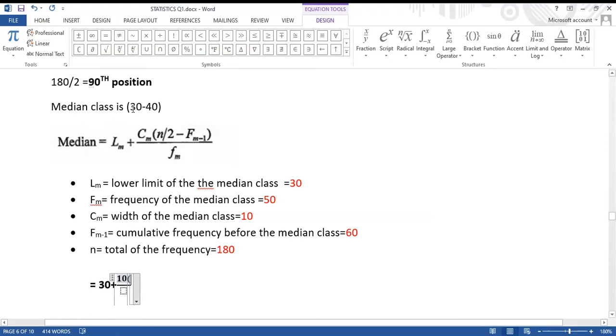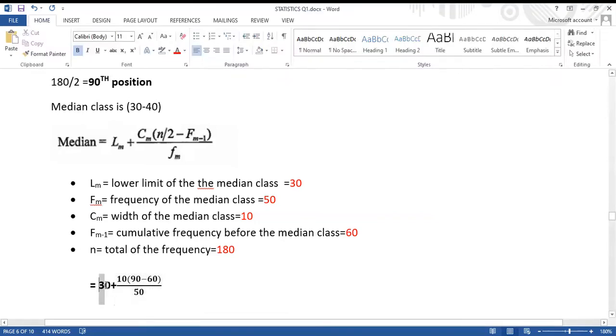It is 90 here, so we'll just put 90 in there. 90 minus Fm minus 1, which is 60, the cumulative frequency before the median class. Then divided by Fm, the frequency of the median class, which is 50.